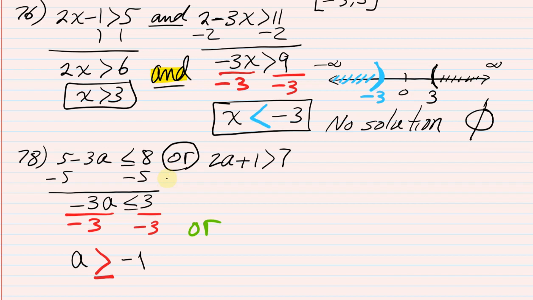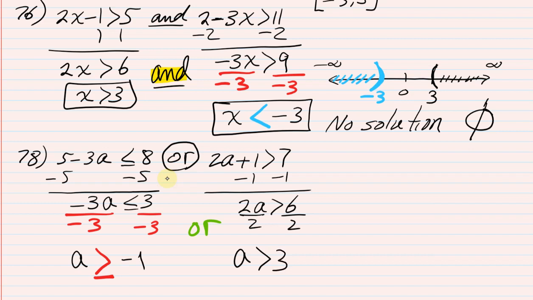Now let's solve for the other inequality. I'm going to subtract 1. That makes it 2a greater than 6, and then divide by 2. The answer is a greater than 3. So here you go. We have the solution here in inequality form.